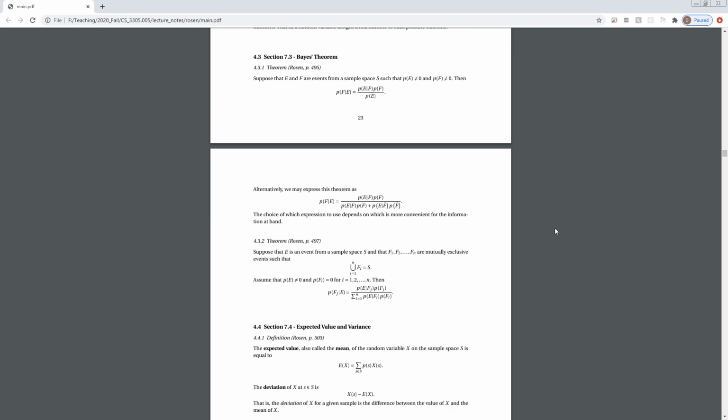And the thing I want you to keep in the back of your mind is that there is a theorem, and this is it, that allows you to update the likelihood of an event based on some other thing that has happened.